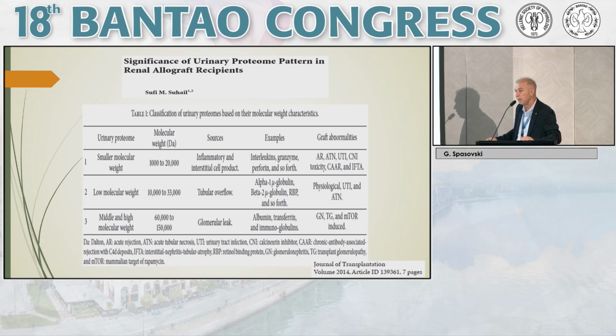For proteomics, these are small peptides, very low molecular weight. We see different ranges: small, 1 to 20,000, low molecular weight, 10 to 33,000, and then middle and high molecular weight from 60 to 150,000. These are examples of eventual biomarkers, and what they possibly represent as a nosology of graft dysfunction.